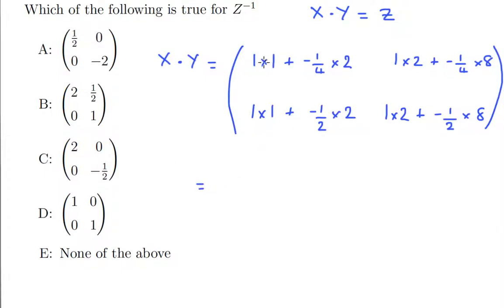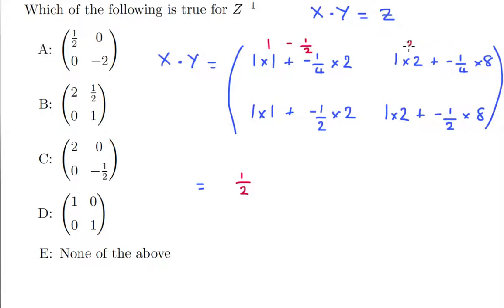So 1 times 1 is 1. Minus a quarter times 2 is minus a half. So that's going to be 1 and a half. It's going to be a half. 2 add minus a quarter times 8. Minus a quarter times 8 is 2.